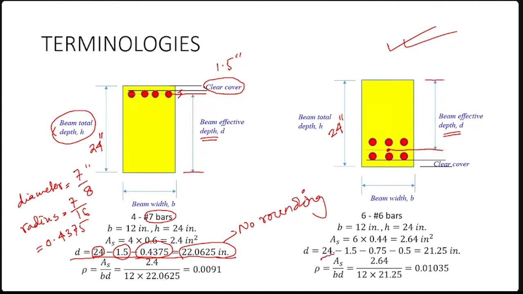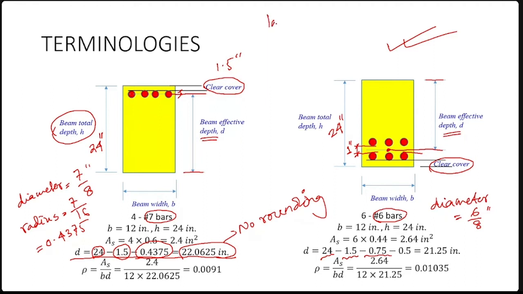You take 24, subtract the clear cover, then subtract a bar diameter. We have number 6 bars, so the diameter of a number 6 bar is 6/8. Then you subtract half of the layer to layer distance. This layer to layer distance is 1 inch.